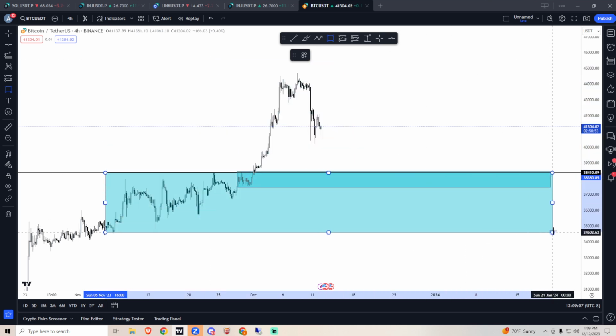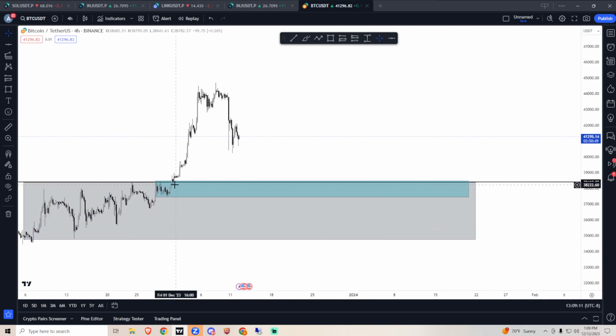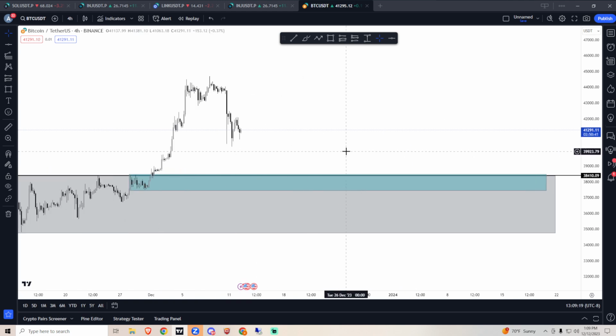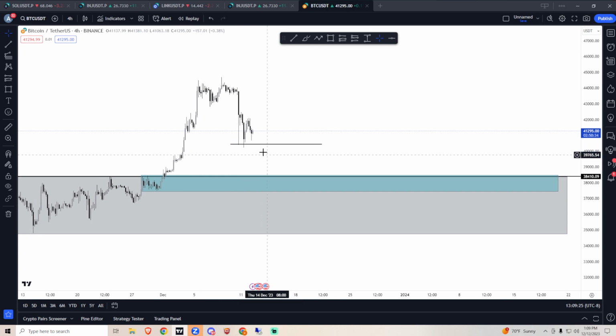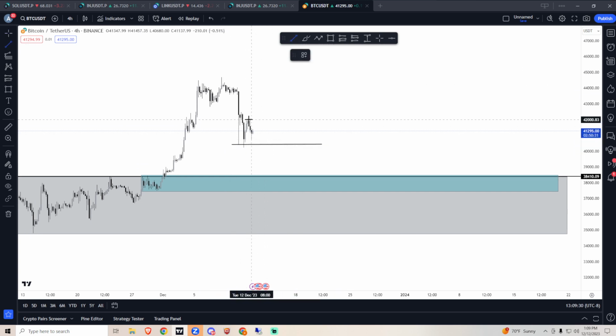I'm going to make that gray. Okay? But looking at that demand zone, right? We had a swing failure there, right? That was your market long. Here is your range.